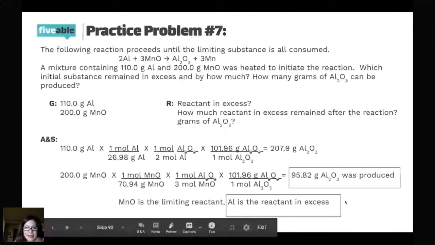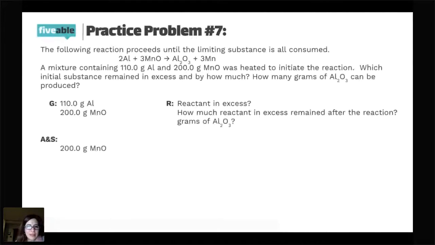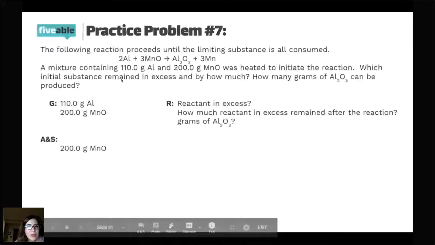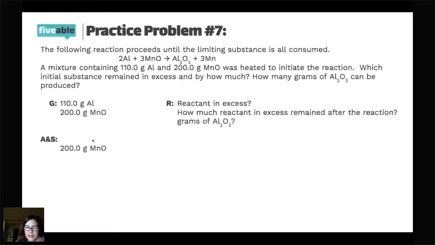What we do next is start again with the limiting reactant, the 200 grams of the limiting reactant, and work our way now to get how many grams of aluminum would actually react with this amount of reactant. So we're going to do the same process of grams to grams, but now from manganese oxide to aluminum.